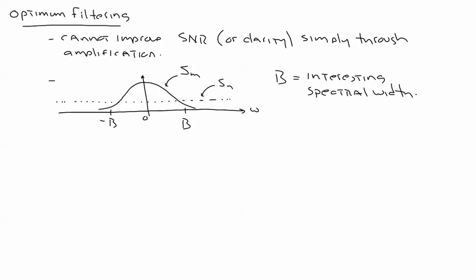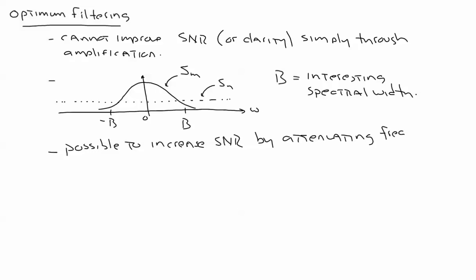Now, if we're clever about it, it's possible to increase signal-to-noise ratio or clarity by attenuating frequencies where the noise is strong but the message is weak.